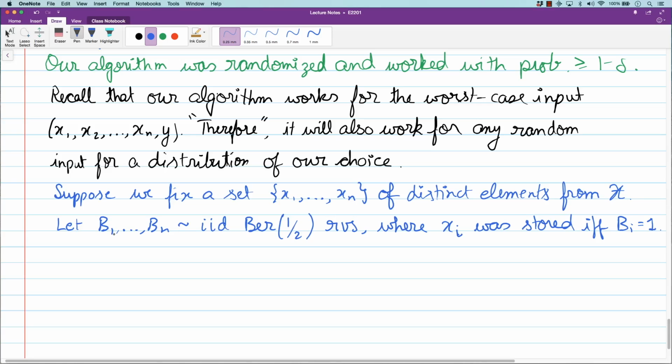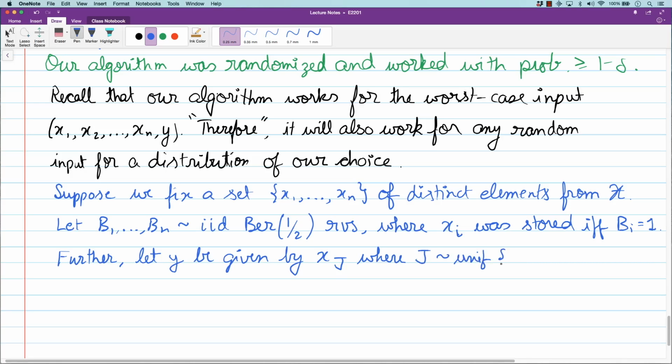So we have described a random input. The random input is described by this vector b1 to bn, which are all independent random bits, and bi equal to 1 indicates that xi was stored. We have to now define the random y. Now the random y is one of these inputs. Further, let y be given by xj, where j is uniformly distributed on 1 to n and j is independent of b1 to bn.